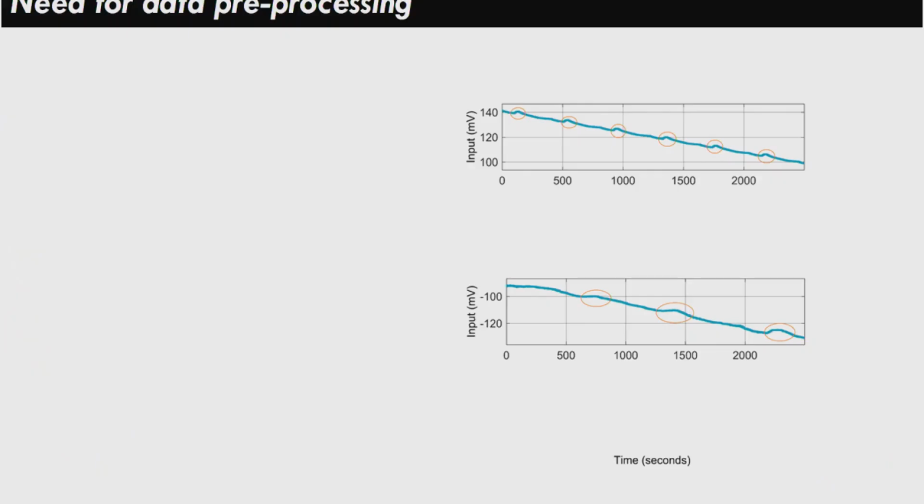I just wanted to show you why we need data pre-processing. This is some data that we collected during an in vivo experiment from an animal. On the y axis you have the voltage signal, and the x axis is time. The input voltage was representing pH.